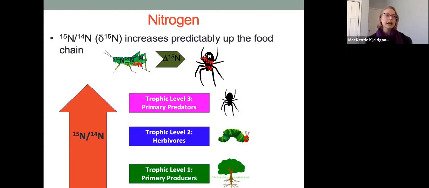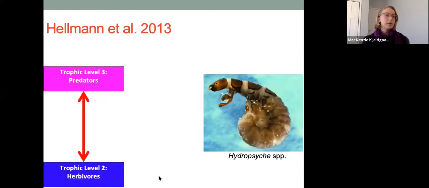That's usually estimated relative to this kind of traditional scale where a trophic position of 1 corresponds to primary producers, 2 herbivores, 3 primary predators, and so on as we move up the food chain. One example of this can be seen in Hellman et al. 2013, and they looked at omnivorous caddisfly larvae and what these larvae were essentially eating in freshwater streams.